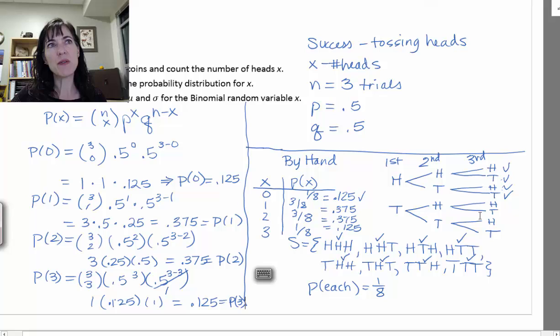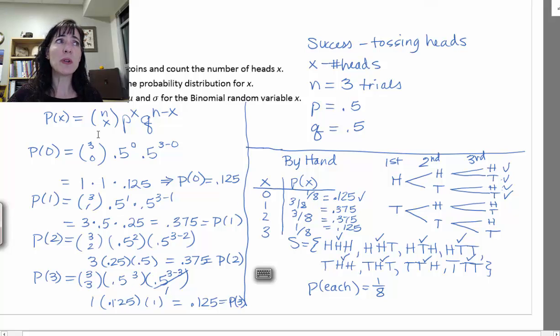And of course, if it's only 3 coins that you're tossing and there's only 2 outcomes per toss, it's not an unmanageable task to do by hand, but keep in mind that this formula works for small samples, but it also works if I was tossing the coin 5,000 times, and I wanted to know what my probabilities would be for each number of heads that I could come up with. You can calculate it much more quickly using this probability distribution formula.